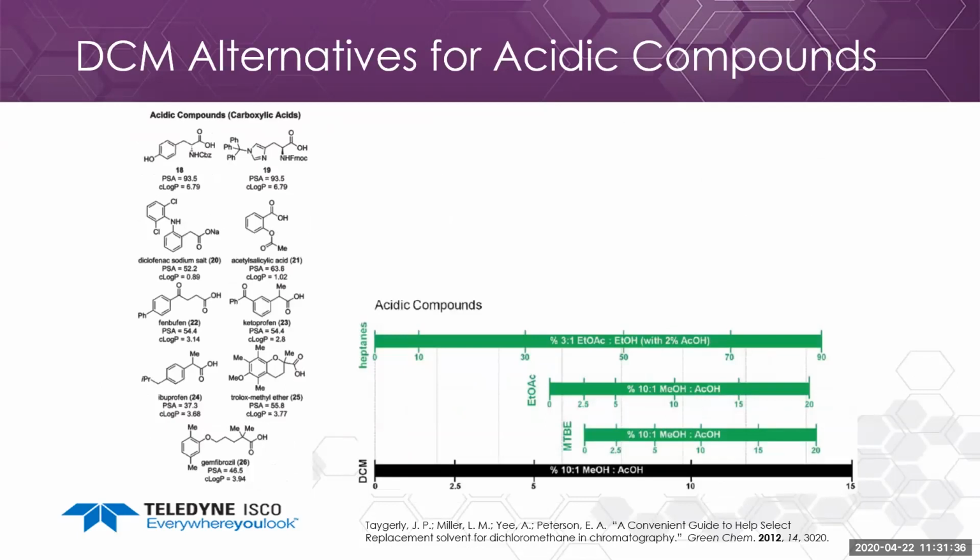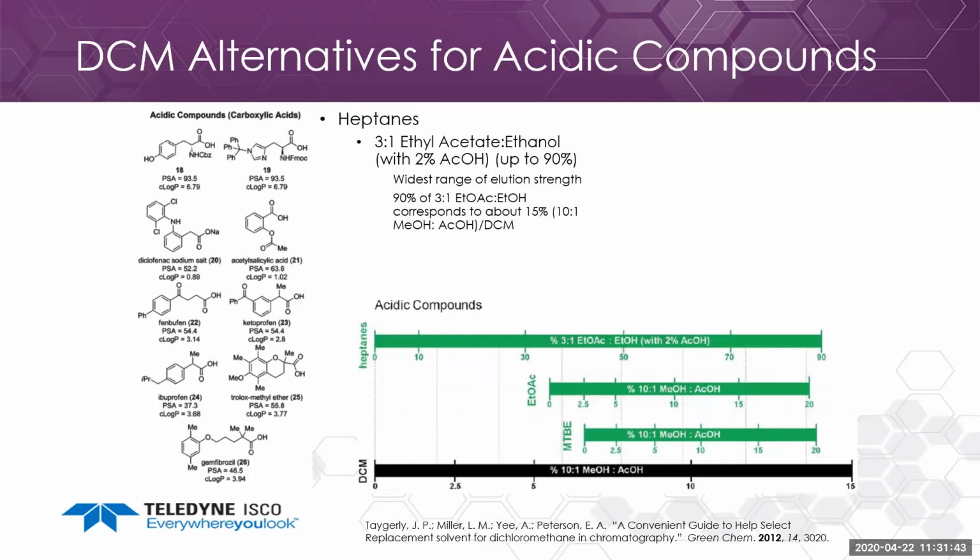And then the next class of compounds, your acidic compounds. So using an acid modifier with heptane and the 3:1 ethyl acetate ethanol with up to 2% acetic acid, we can basically run this from 0 to 90%, and it corresponds to about 0 to 15% DCM methanol acetic acid.